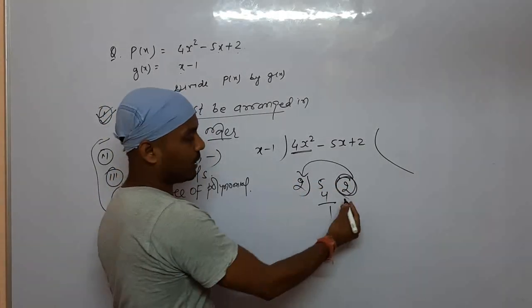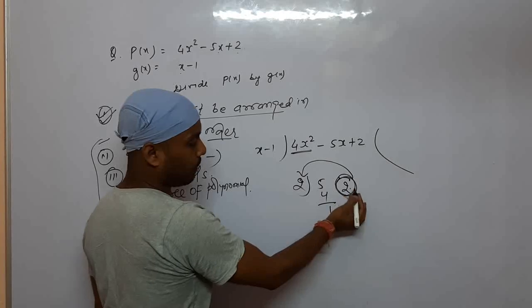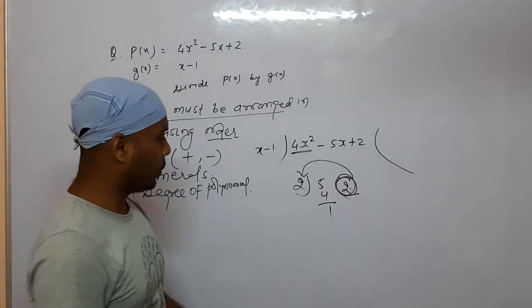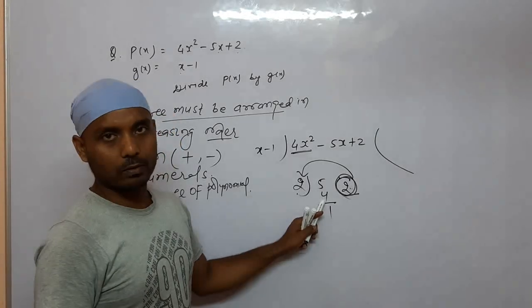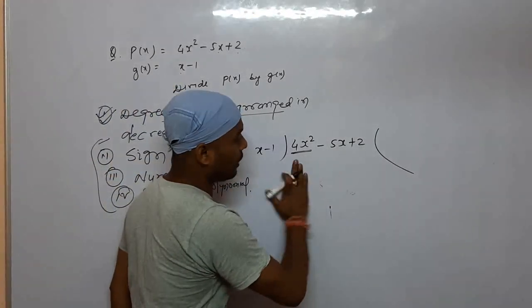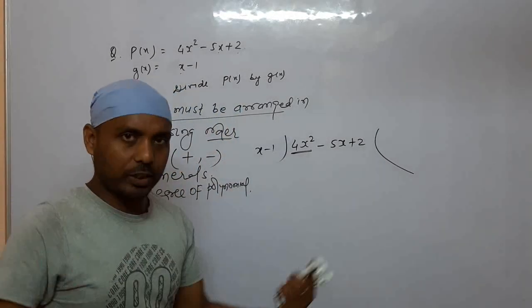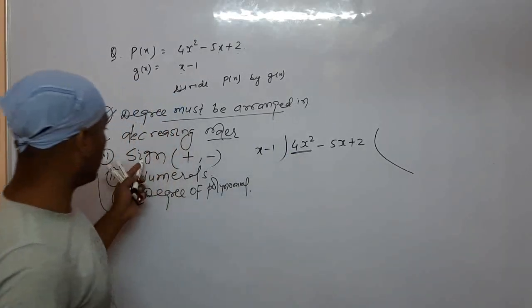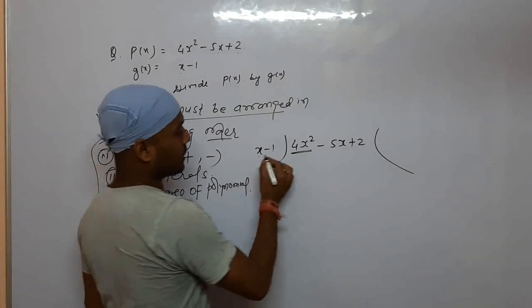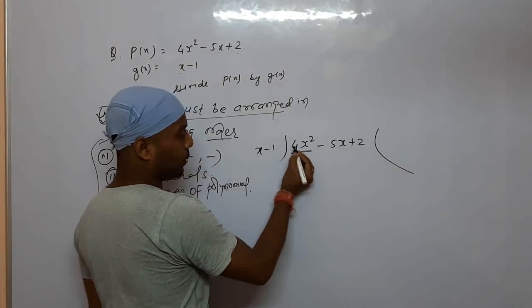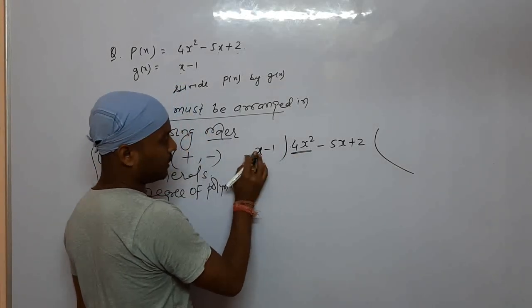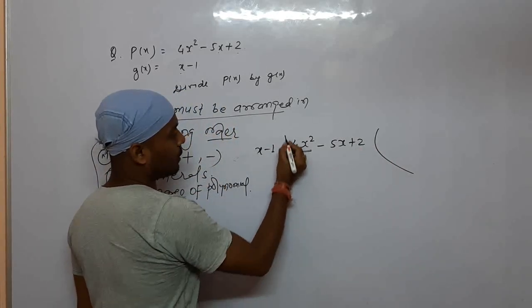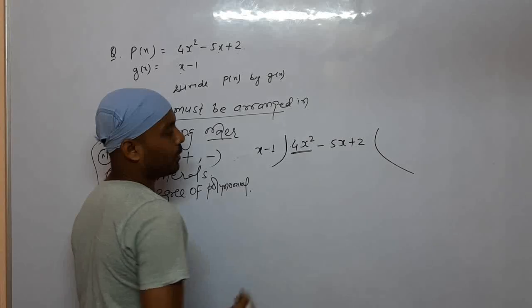Whatever product you get, you write it below. So here also, first think about the sign. The first sign is positive, so here it will also be positive. But for the first term, we don't write the positive sign.